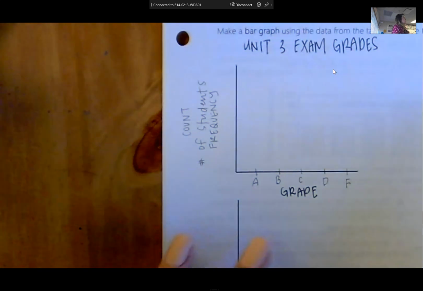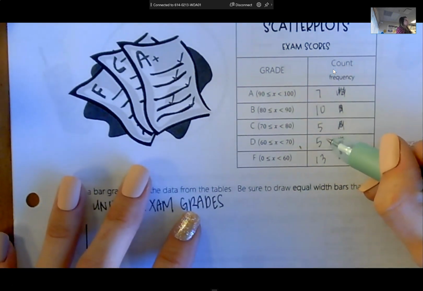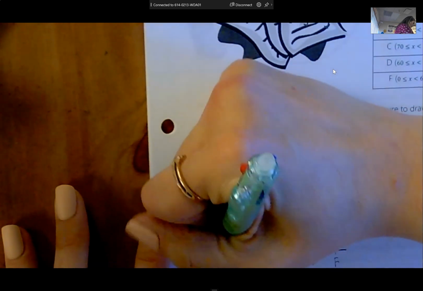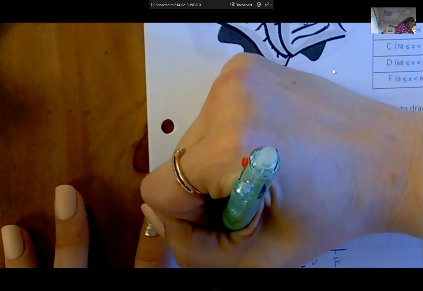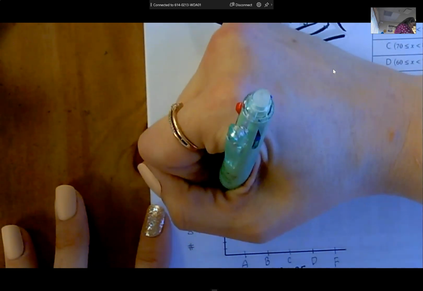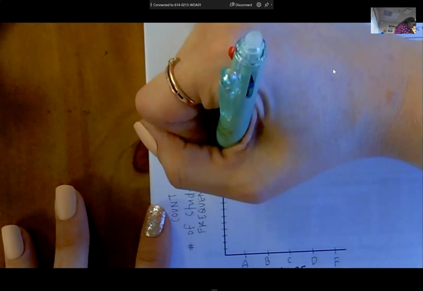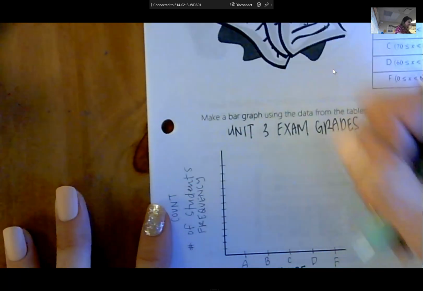Then we want to find our min and our max. So our minimum in a group is 5, and our maximum is 13. So I'm going to go by ones probably. 1, 2, 3, 4, 5, 6, 7, 8, 9, 10, 11, 12, 13.